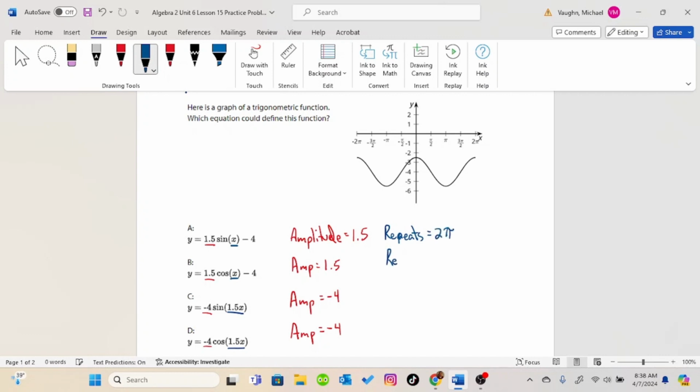B repeats 2 pi. C and D repeat 1.5 times every 2 pi.